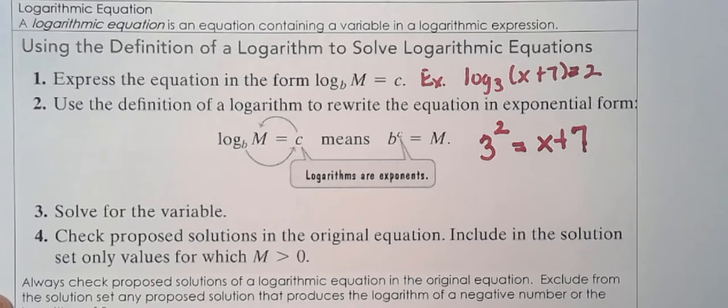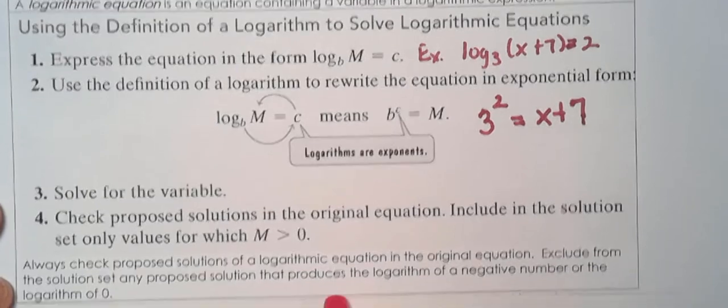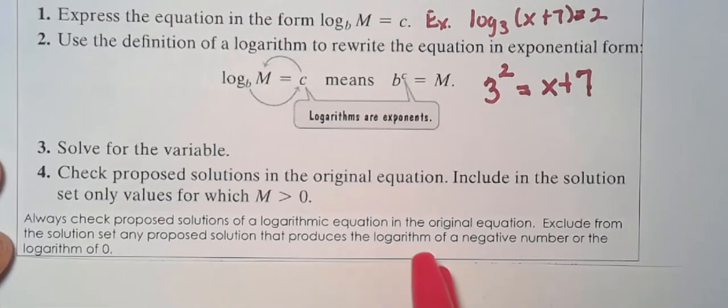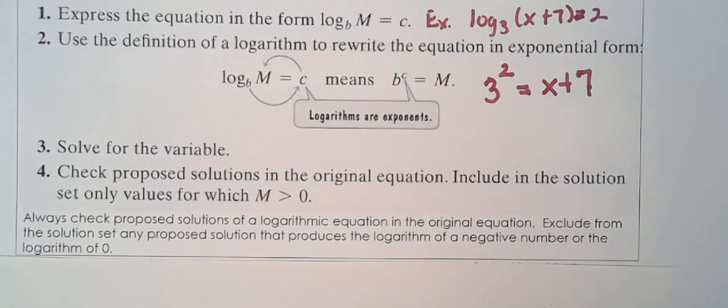It says always check proposed solutions of a logarithmic equation in the original equation. Exclude from the solution set any proposed solutions that produce the logarithm of a negative number or the logarithm of 0.